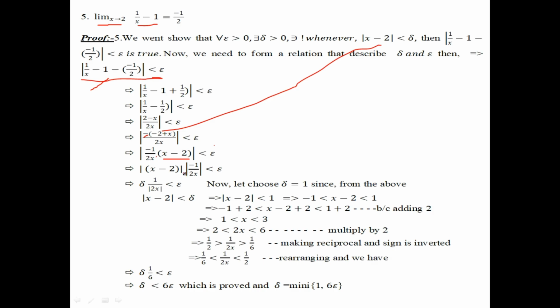So by the property of the absolute value, I have separated the two absolute values. But instead of this one, it is delta. Now let's choose the value, or instead of the expression, we'll substitute delta. But what value will be substituted?